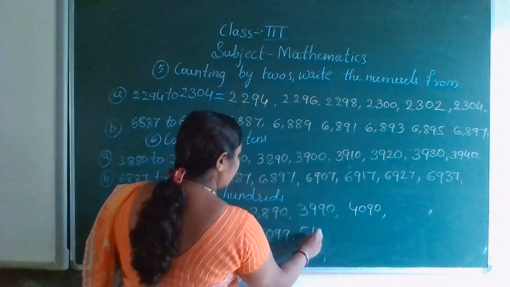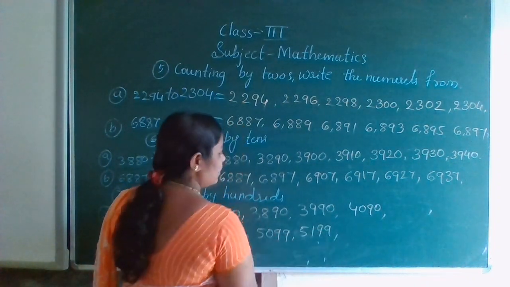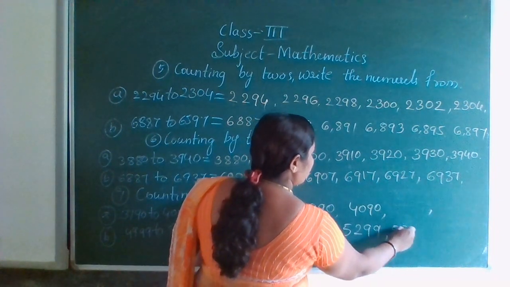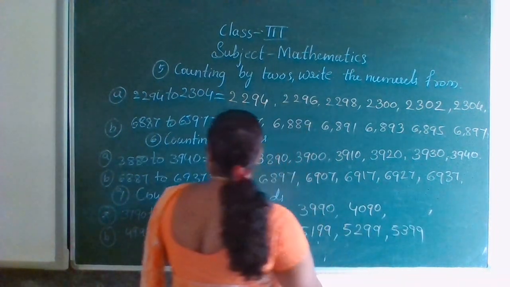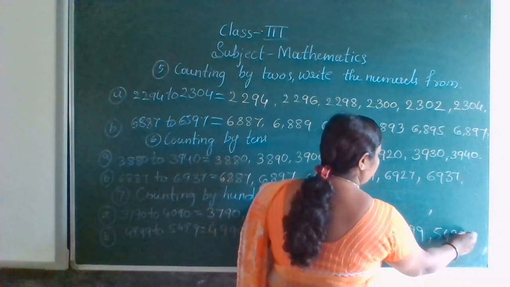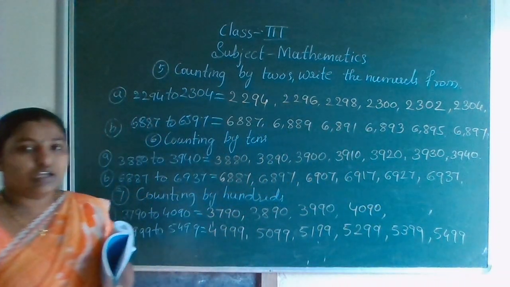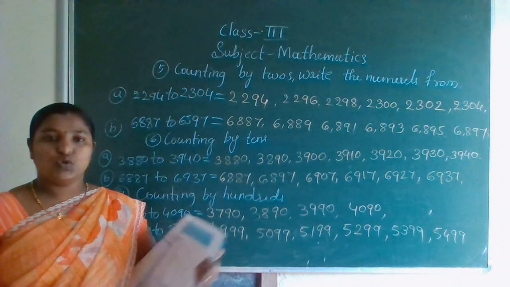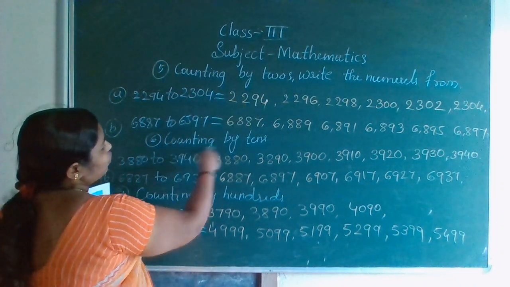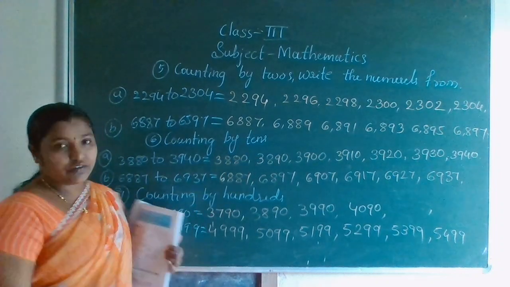It will become 5199. Then 5299. 5399. Next 5499. Okay, like this you should do. This is skip count twos, skip count tens, skip count hundreds.